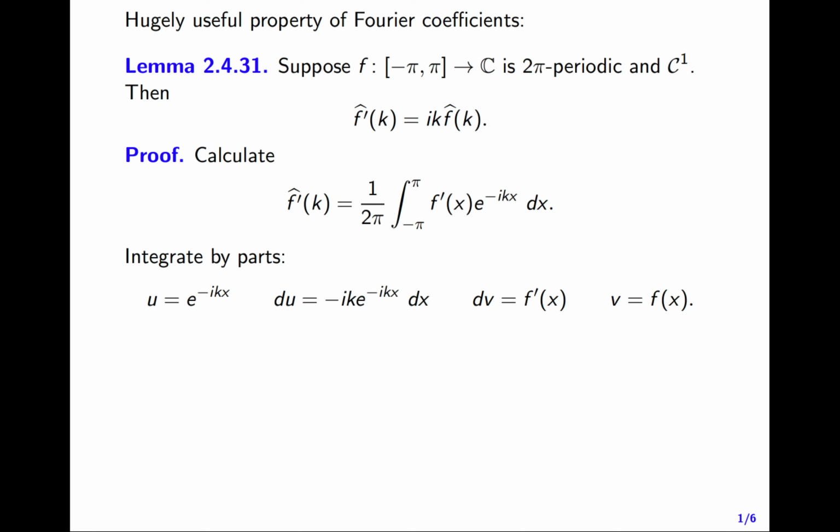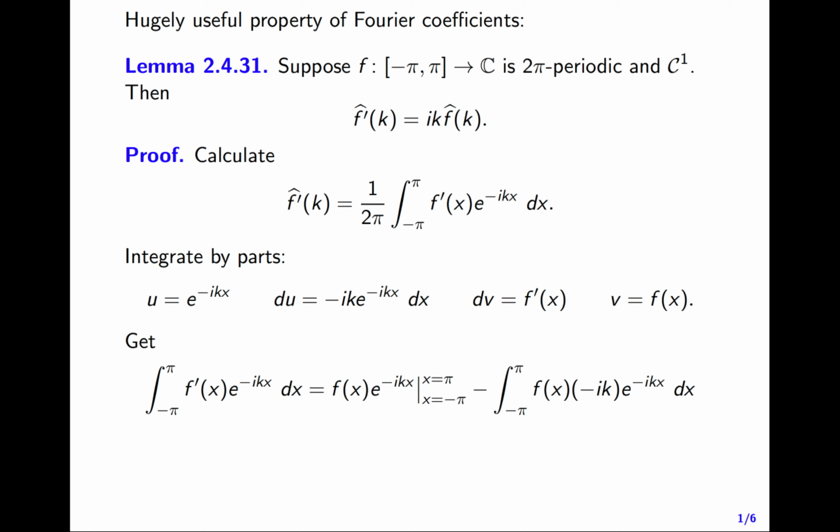And so this integral from minus pi to pi, f prime of x e to the minus ikx dx, turns into the expression f of x times e to the minus ikx evaluated at x equals pi, minus that evaluated at x equals minus pi.